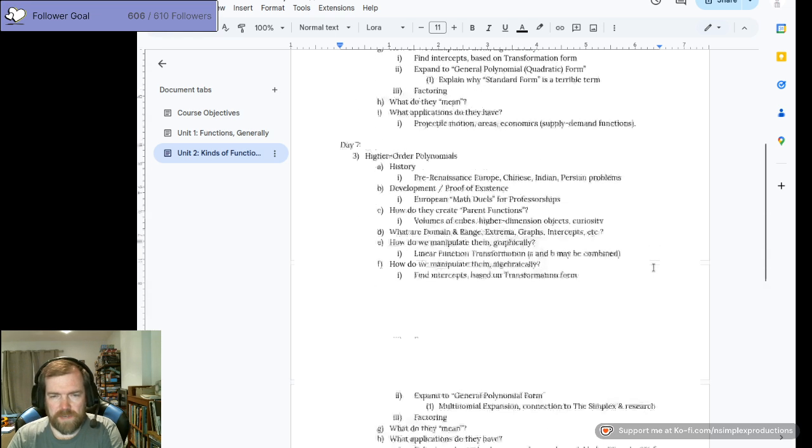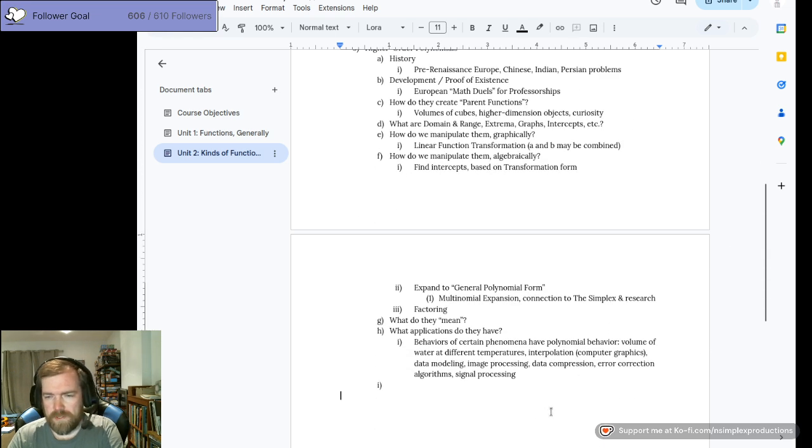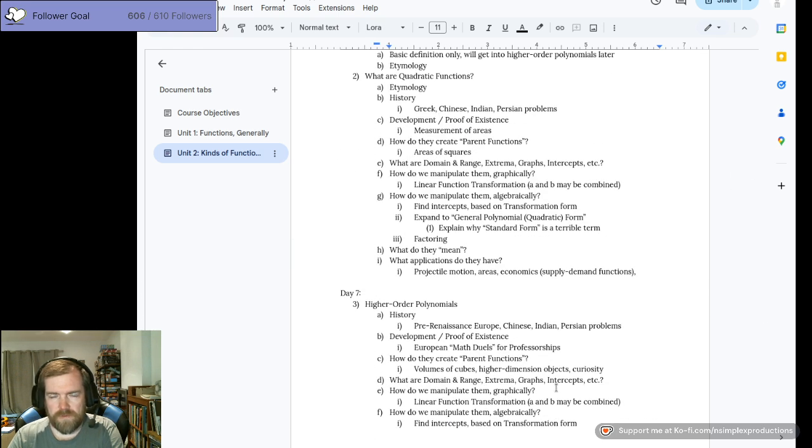I say day 7. It could be day 8 pretty easily. Polynomials, generally speaking, have all sorts of good stuff. Let's see, factoring. We also need to deal with solutions, unexpected solutions.